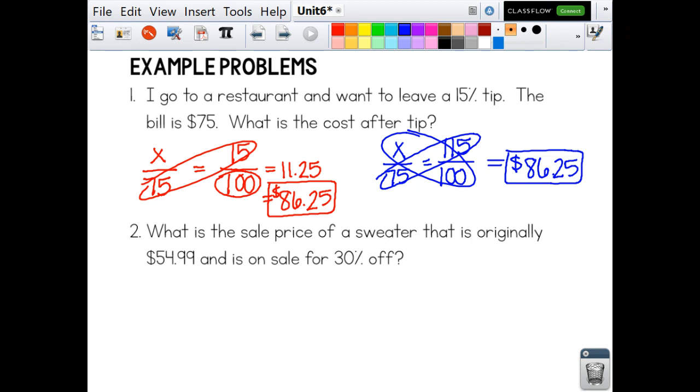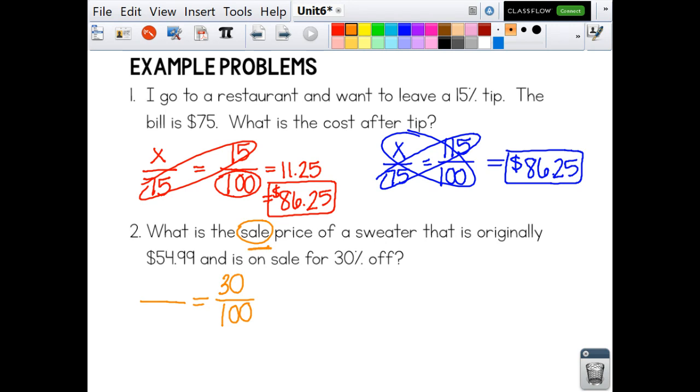All right, let's look at number 2. So number 2 says, what is the sale price of a sweater that's originally $54.99 and is on sale for 30% off? So we're going to set up a proportion. We know that it's on sale for 30% off. So the first way I'm doing is subtracting at the end because it's sale, so it's subtraction.